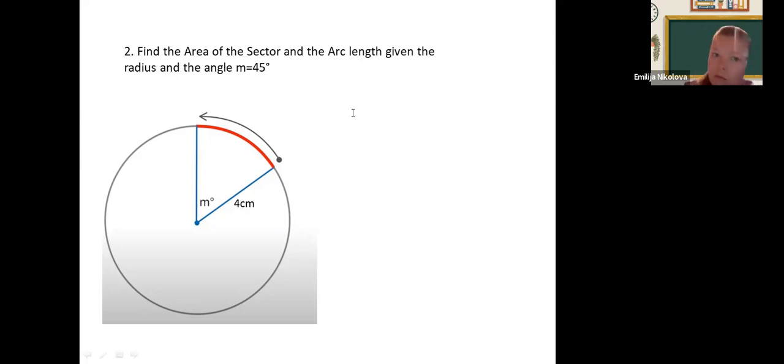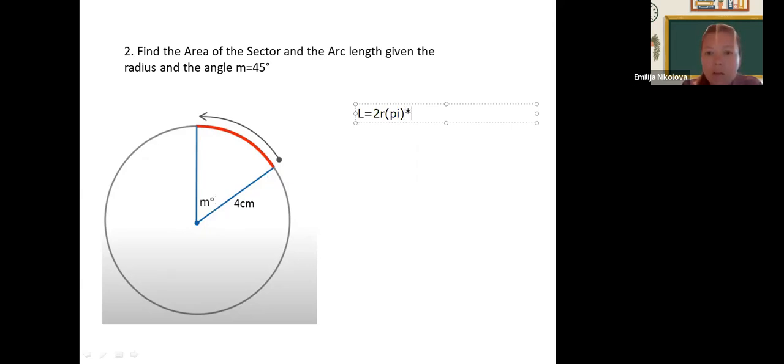So first, let's find the length of the arc. The formula was 2 times r times pi, which was the circumference of the circle. And then we multiply by the fraction of the angle.